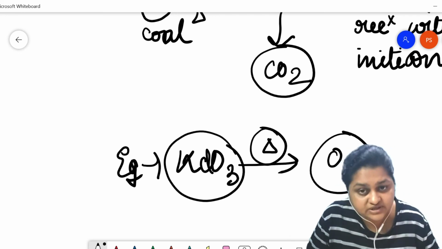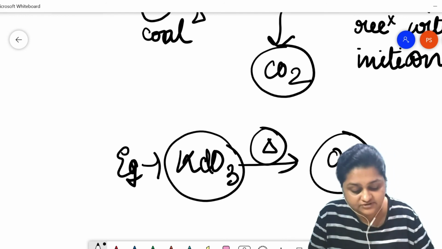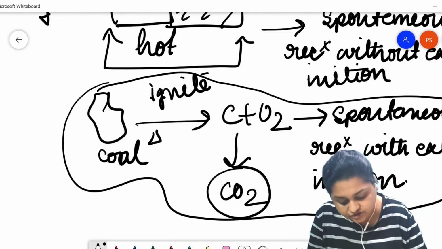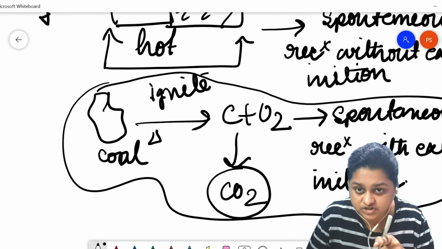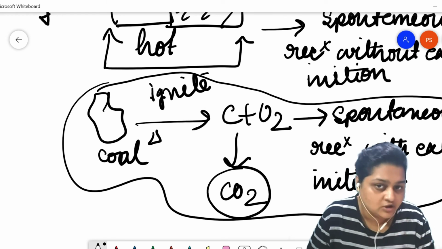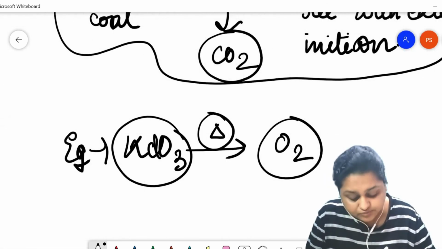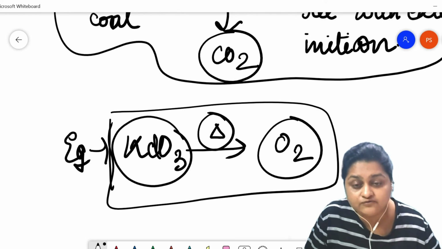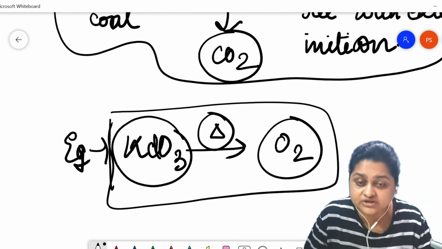So for this reaction to proceed, heat as an external factor is required. That is the difference from the second example of a spontaneous reaction, where external help is given only to initiate the reaction. After the initiation, the combustion can proceed on its own spontaneously. But for the non-spontaneous reaction, heat is required both for the initiation and for the proceeding of the reaction.